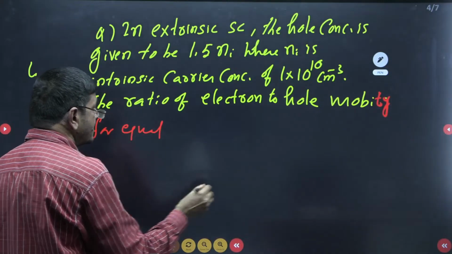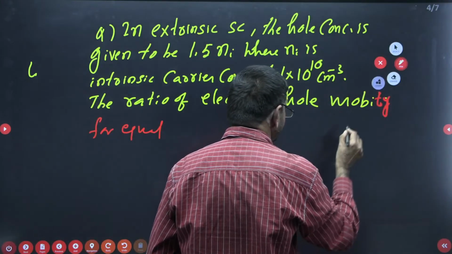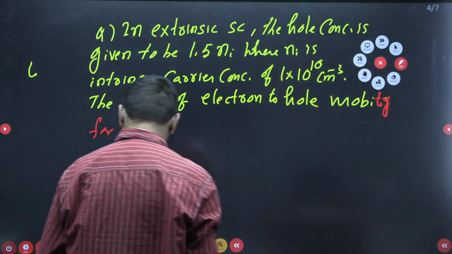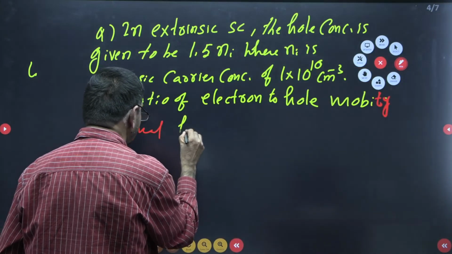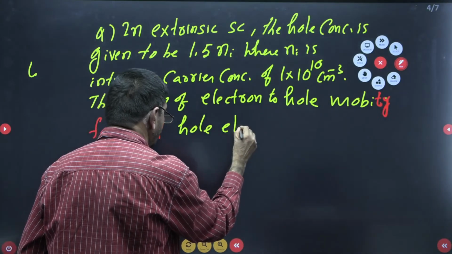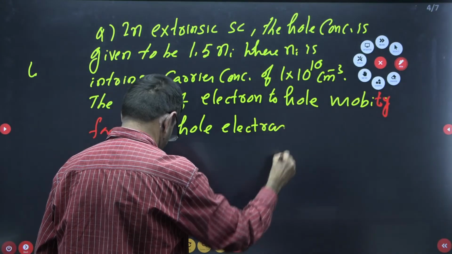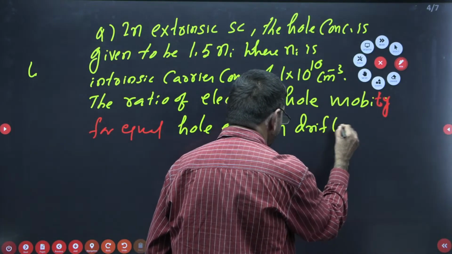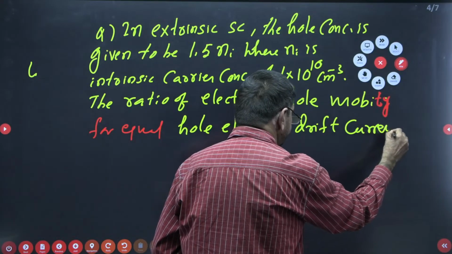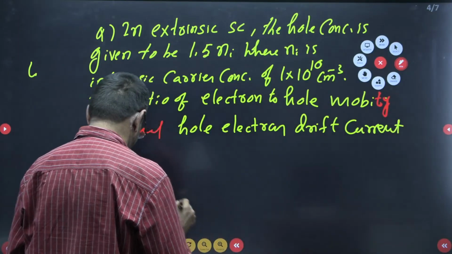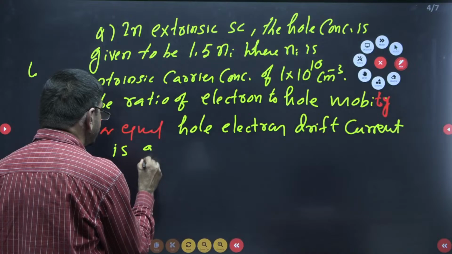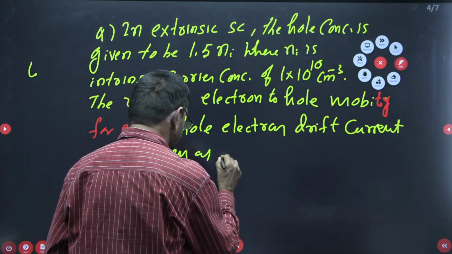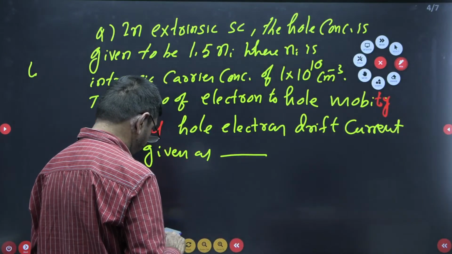Okay, the color is changing, just wait 1 minute. For equal hole and electron drift current is given as dash, round off to 2 decimal places.